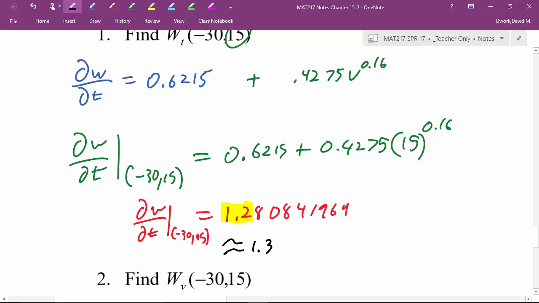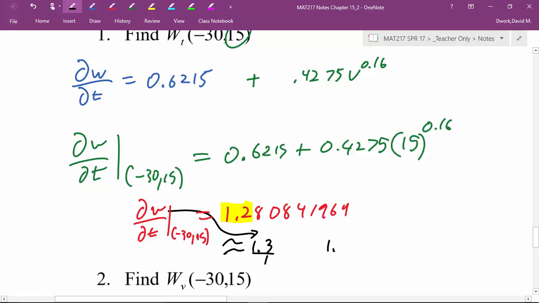So what does the 1.3 mean? Well, think about your units. Put this over a 1 and say my numerator is talking about dW, change in wind chill. So if wind chill is what the temperature feels like, and I have a positive 1.3, then going up in temperature makes it feel warmer or colder? Yeah, you got that. It's warmer.